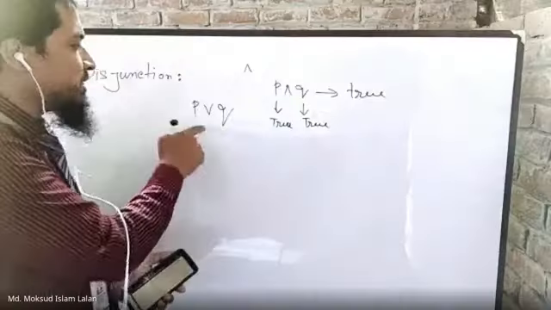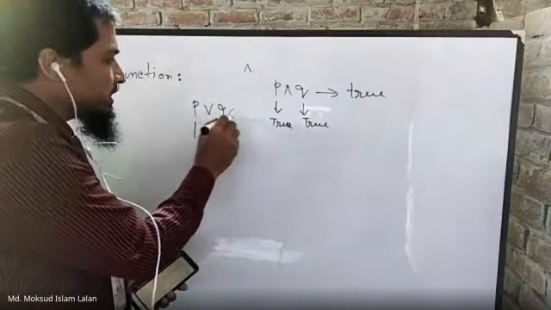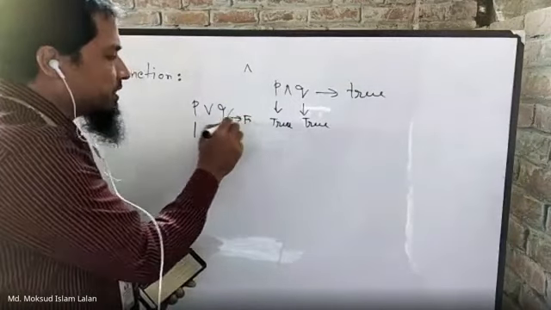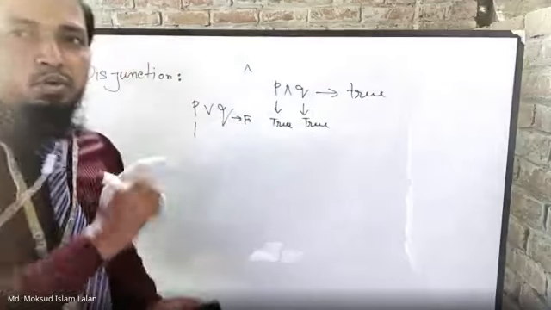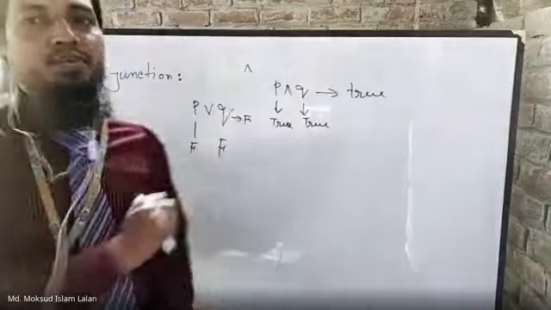Now coming to the disjunction. The disjunction result is false when both are false.